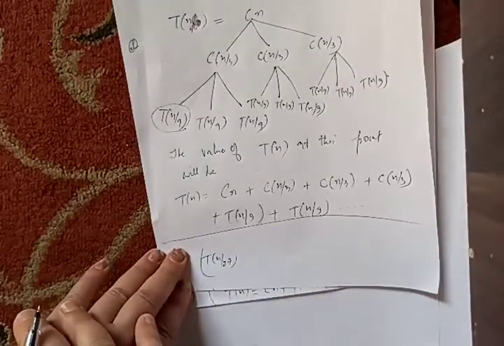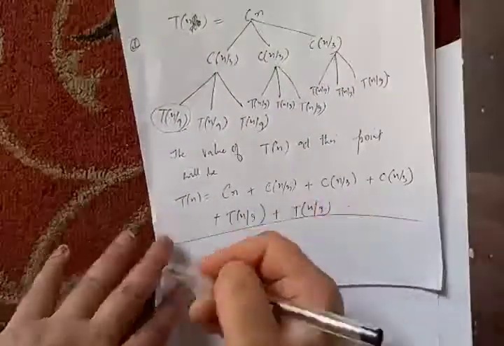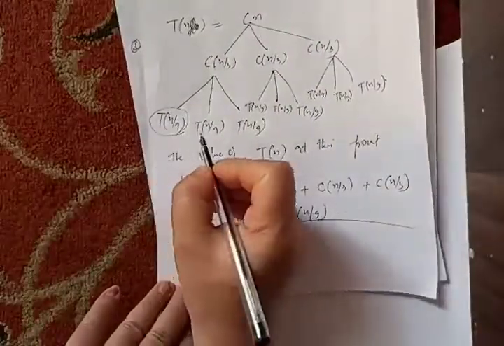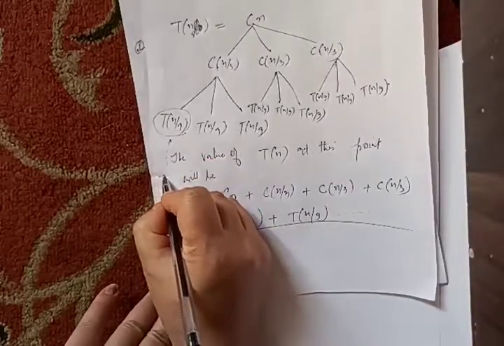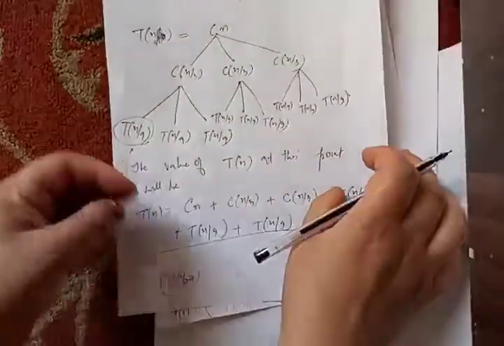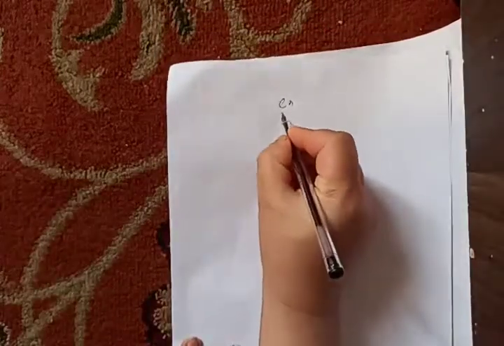Imagine replacing each T(n/9), and by this we create another level of recursion, and we keep on doing the recursion till we get the last subproblem. Let me draw it once again so that you will understand it in a better way. So the final tree would be like this.